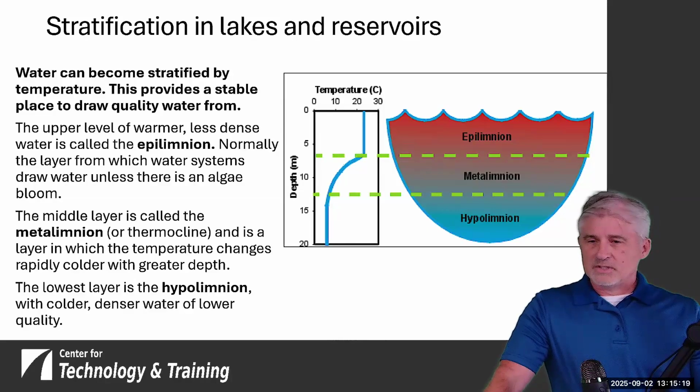If algae is an issue, then they're likely going to collect it from the metalimnion, and that's the area in which the temperature changes rapidly as it gets deeper. And with the hypolimnion, that water is colder, it's denser, and it's typically considered to be of less quality.